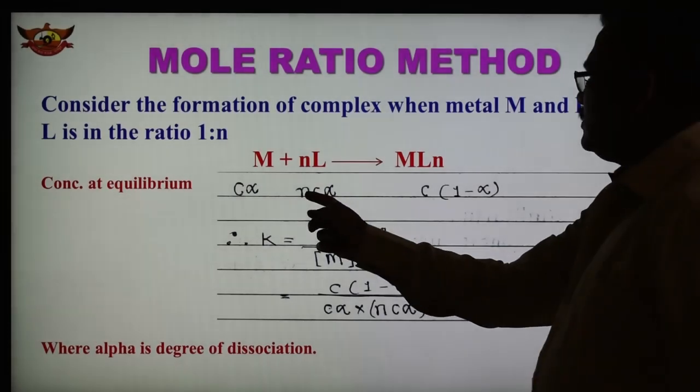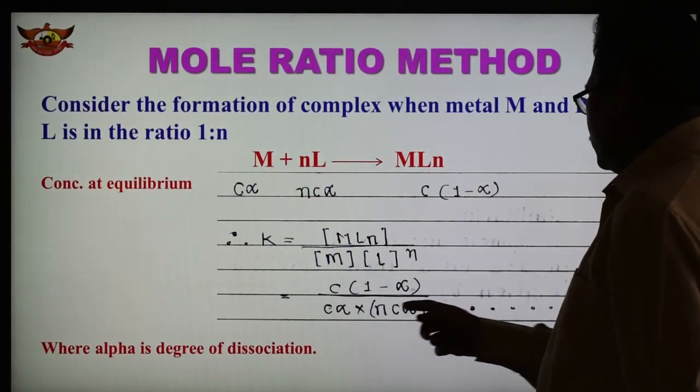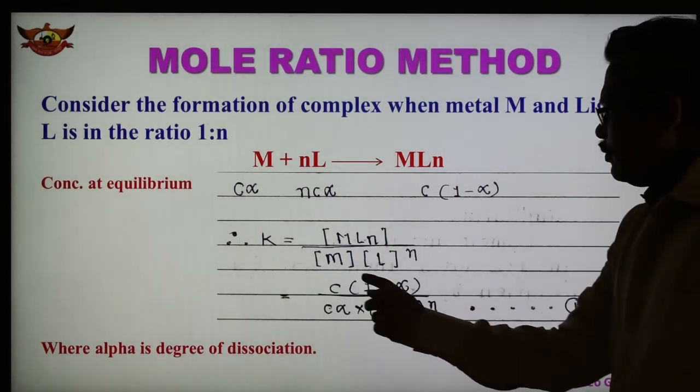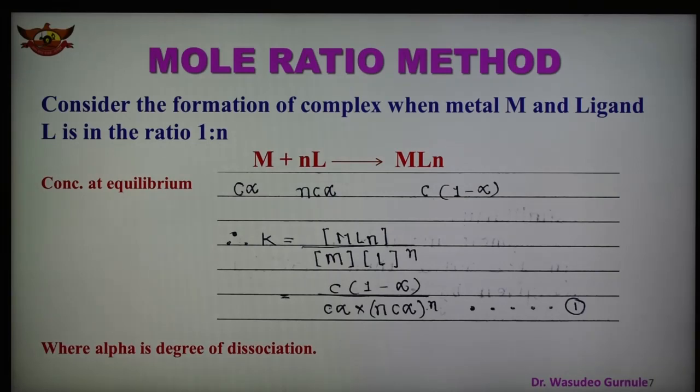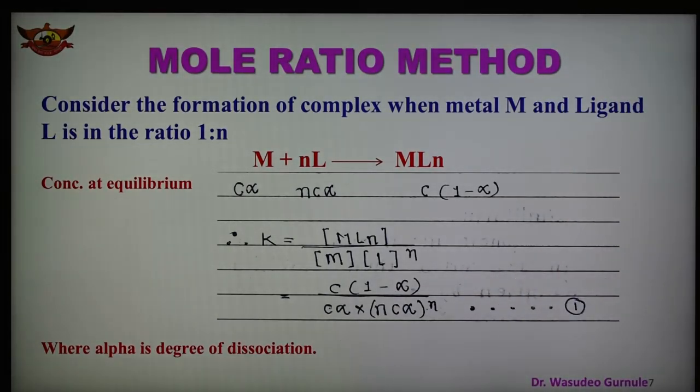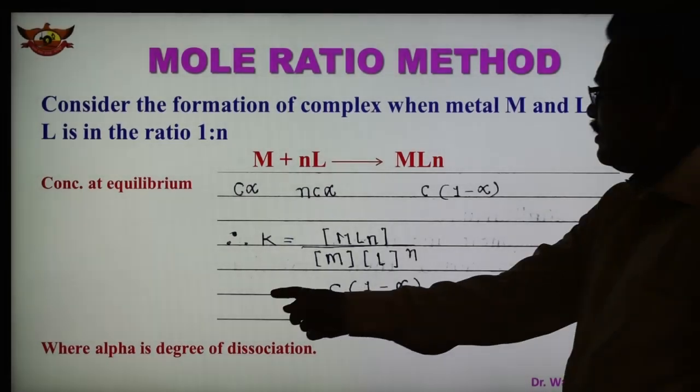This is equation number 1, K equals the expression, and in this case alpha is the degree of dissociation. Equation number 1 is used to calculate the stability constant value K. What do we require to calculate the value of K in this equation?